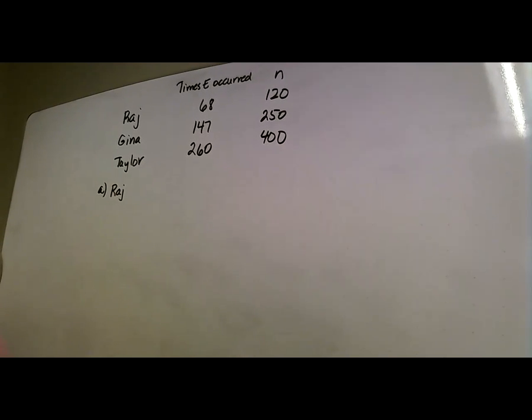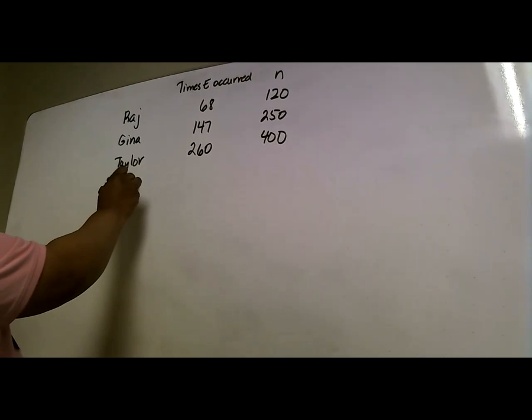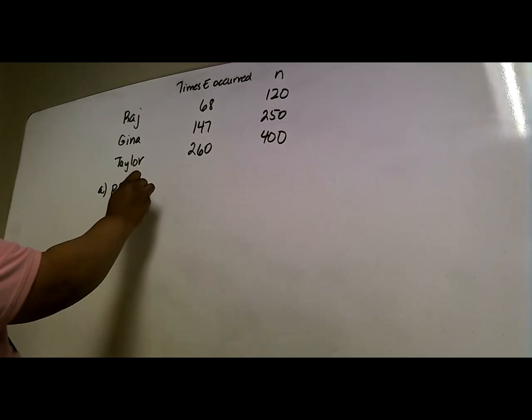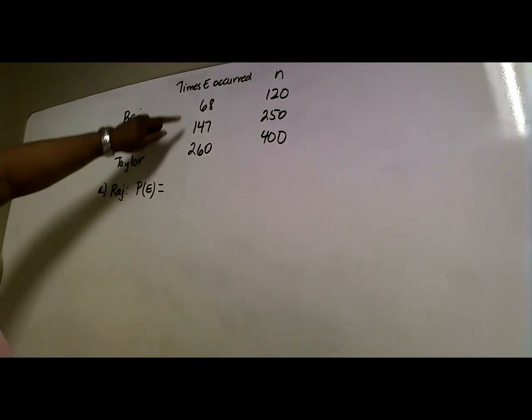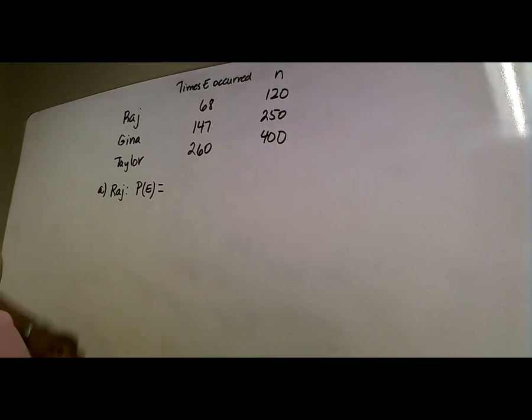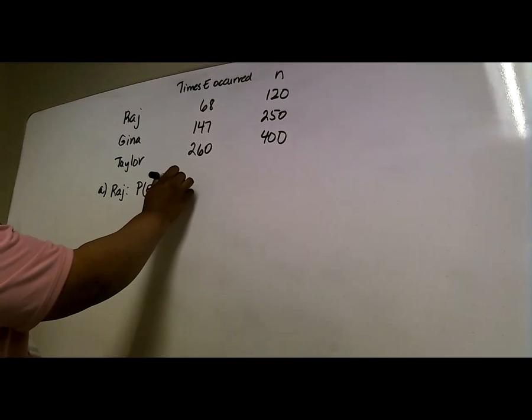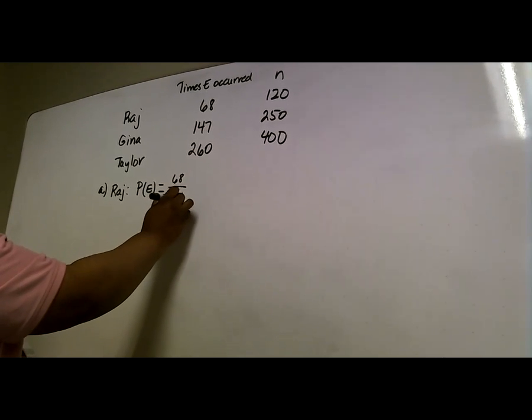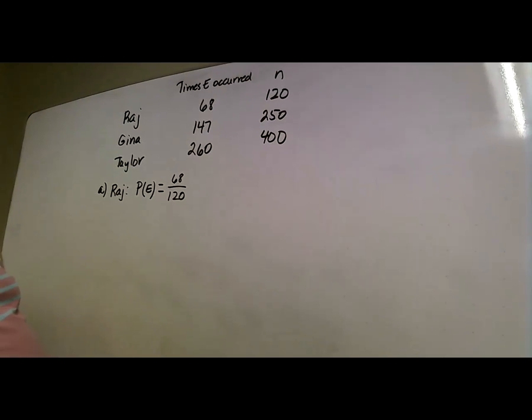So for Raj, the probability that event E occurred is the number of times event E occurred over the total number of events they did.